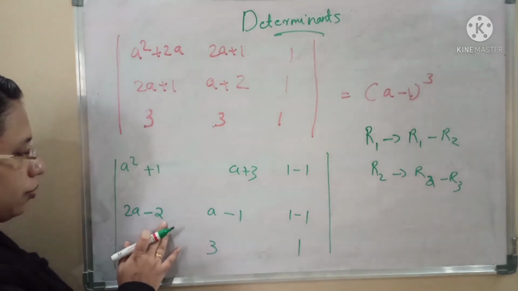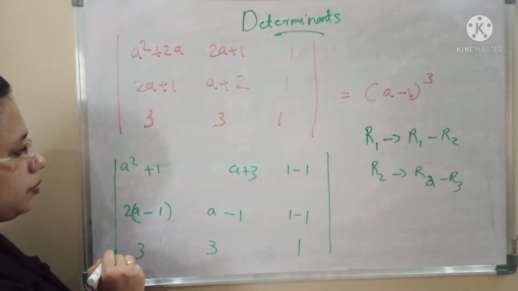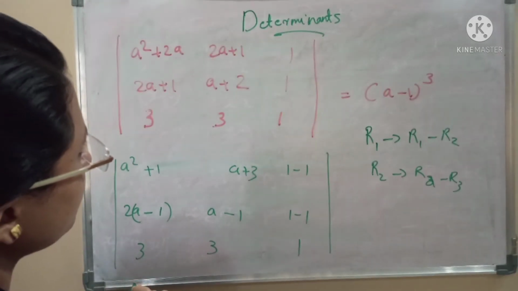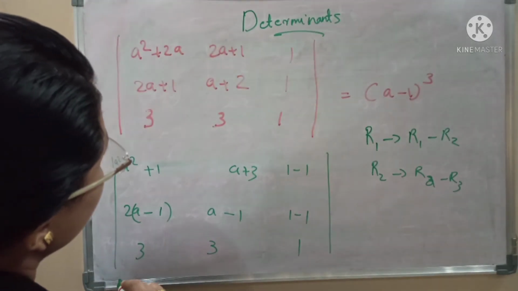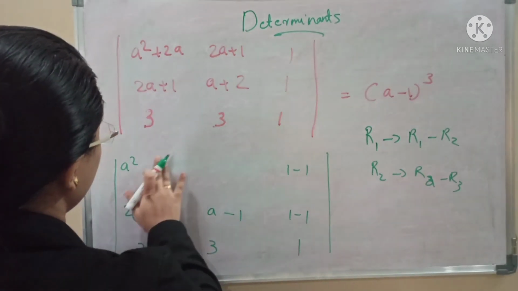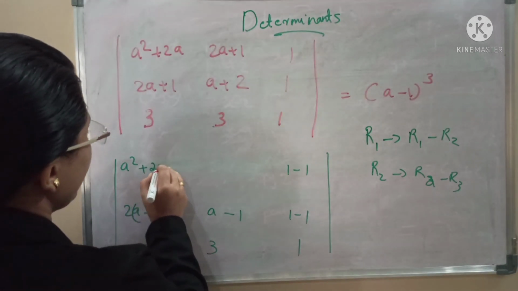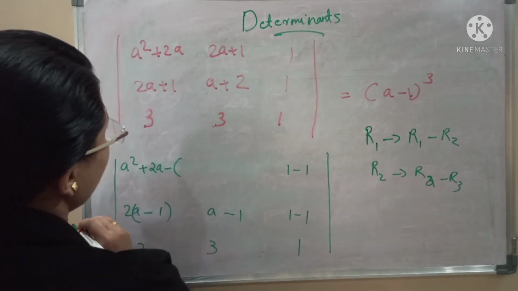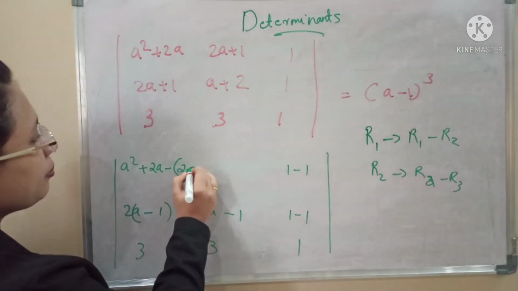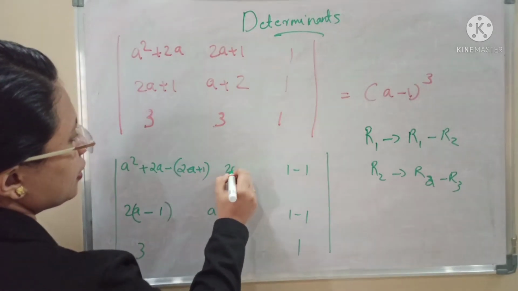So I can take 2 outside here, right? So this will be 2 into (a minus 1). Fine. Also, okay, so there is a change. Actually, this is negative, right? So a plus 2a minus of (2a plus 1). See how students can make mistakes.